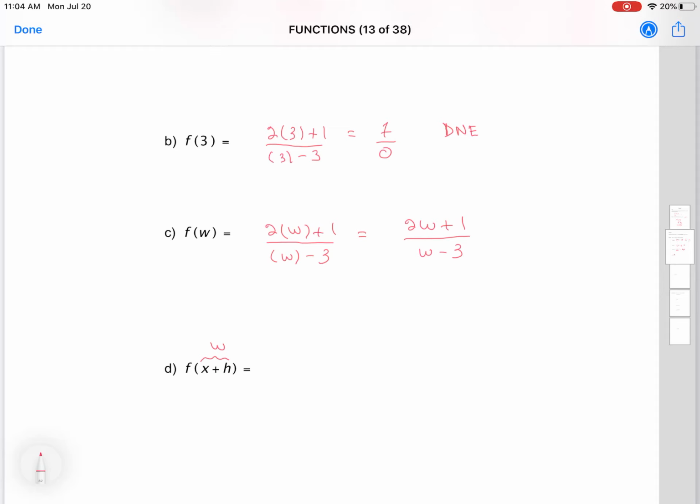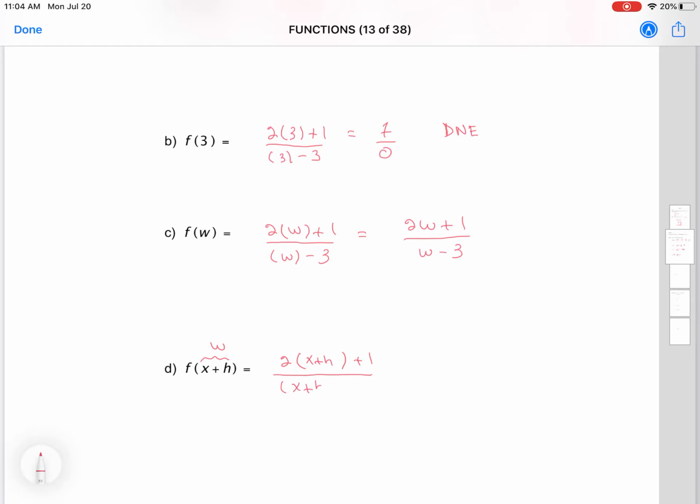So if we call this our w, we're really just doing again the same thing. So 2 times, instead of w, which I had before, I'm going to put in x plus h. It's always about replacing x with what you want the function to be. So you want f of x plus h.